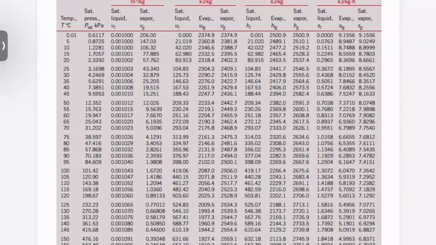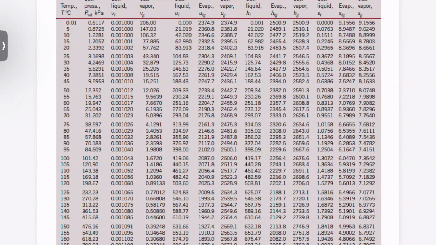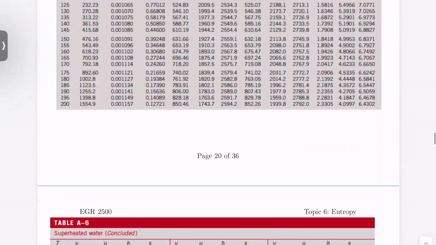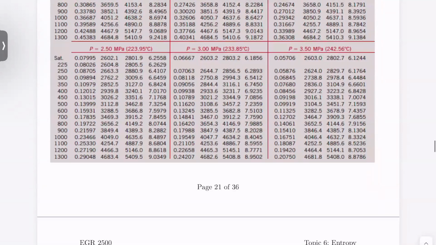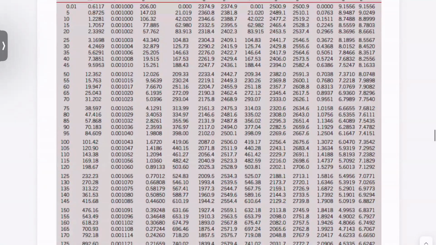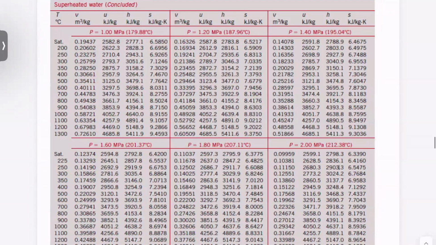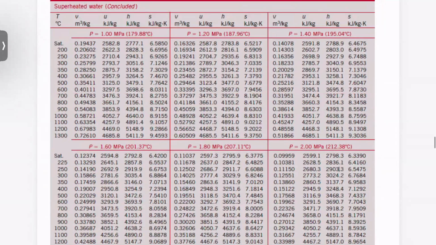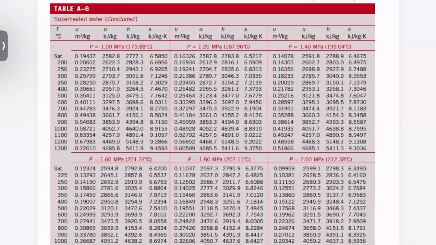Okay, so for a temperature of 400. Wait, does it not go up to 400? That's annoying. That's fine. We can use our superheated water tables instead, because it gives us the saturation temperature for a given pressure in this table as well.